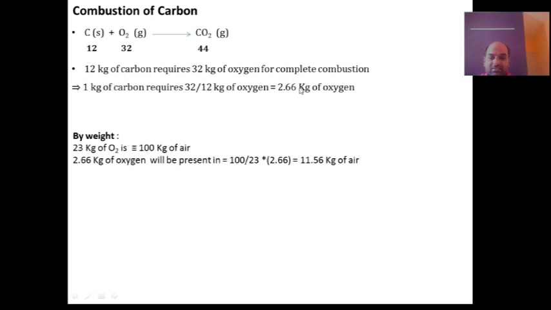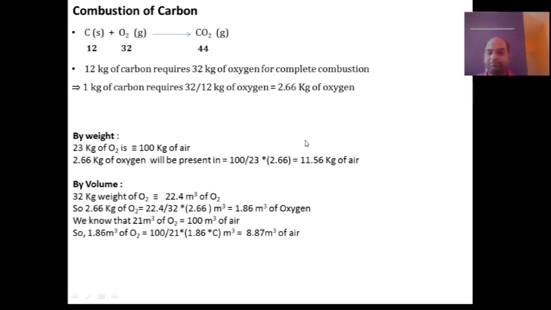So 2.66 kilograms of oxygen will be present in 100 by 23 into 2.66, which will be 11.56 kilograms of air. So 1 kilogram of carbon for complete combustion requires 11.56 kilograms of air.